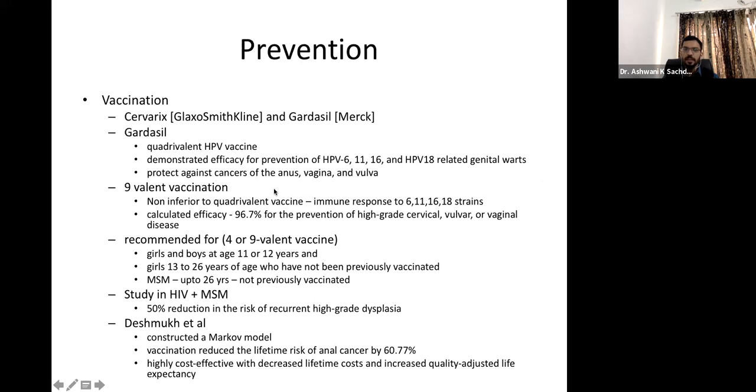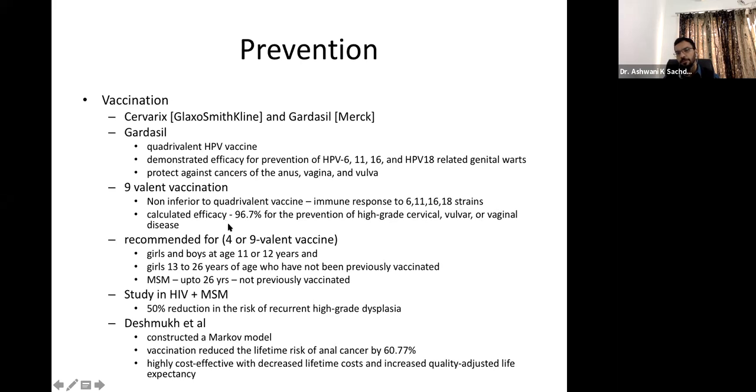So it protects against genital warts and also against cancers of the anus, vagina, and vulva. The 9-valent vaccine has been found to be similar in generating immune response to 6, 11, 16 and 18.